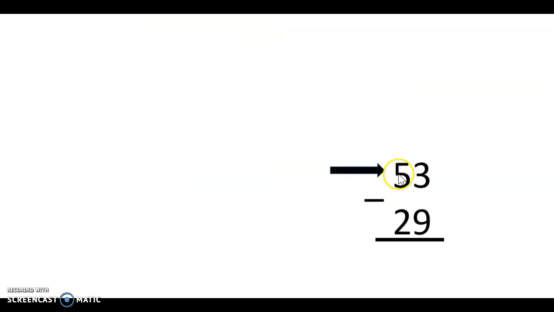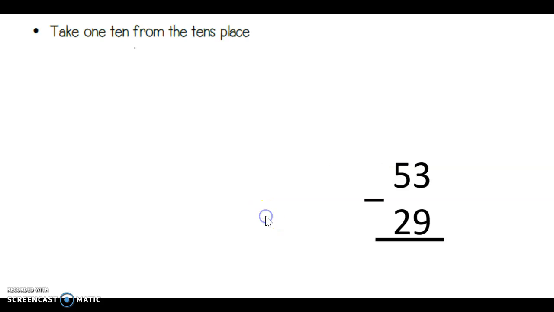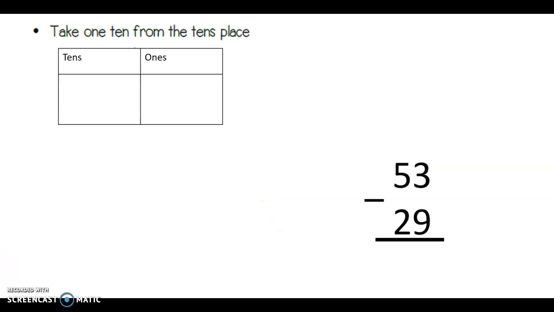So here I am visiting next door at my tens place. And I am going to take 1 ten away from my tens place. So we'll start with our number here. So this is my 50.